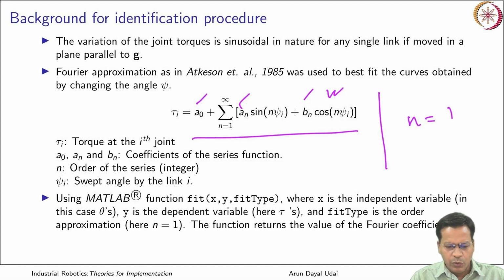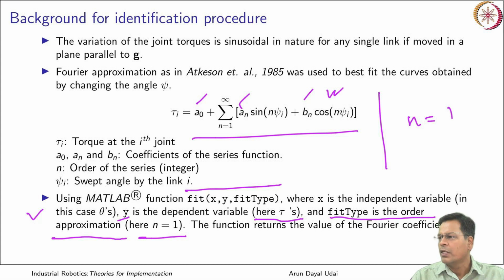Okay, in order to do that, I'll capture all the data while moving the robot, and using the MATLAB function fit(x, y, fitType), I can do that. Here x is the independent variable, in this case theta, that is the joint angle. y is the dependent variable, in this case tau, that is the joint torque, and fit type is the order of approximation.